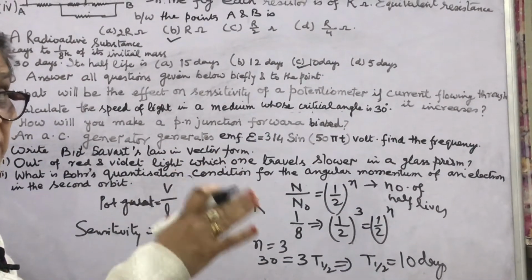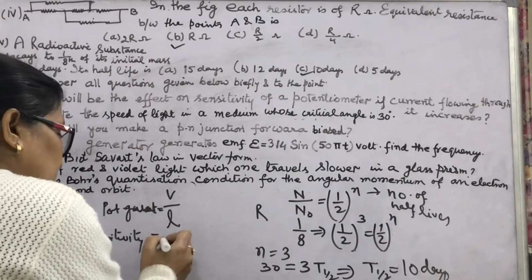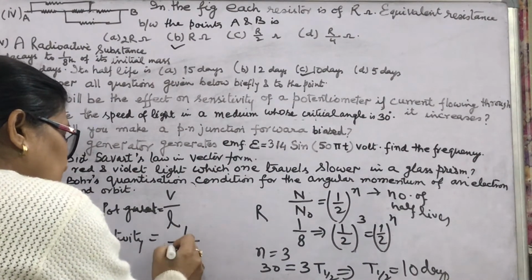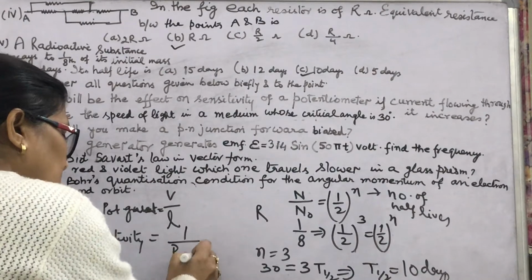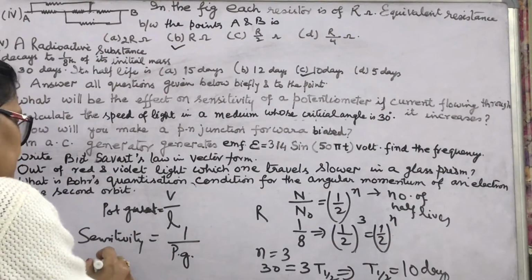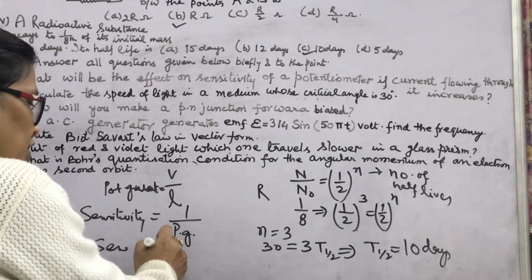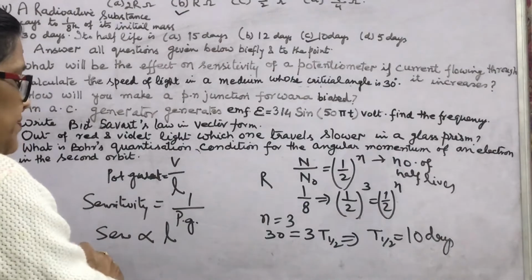So the potentiometer is said to be most sensitive if its potential gradient is less, that is, it is inversely proportional. Or you can say the sensitivity is directly proportional to the length.